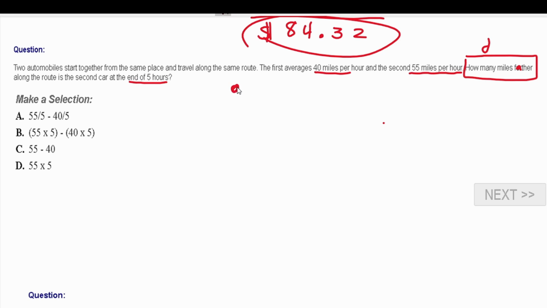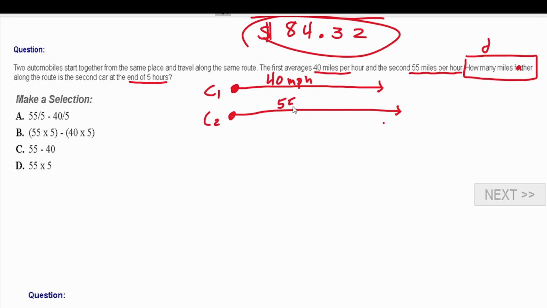We have one car, which I'll call car 1. It goes this way, and then we have car 2, which is traveling the same route. Car 1, of course, we're told is going 40 miles per hour, whereas car 2 is going 55 miles per hour.